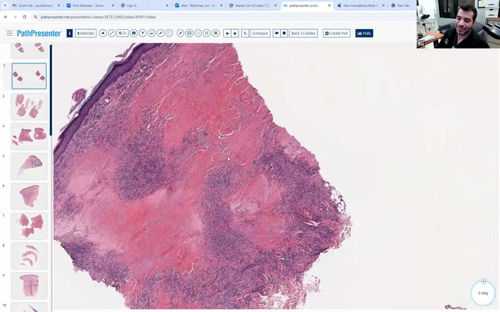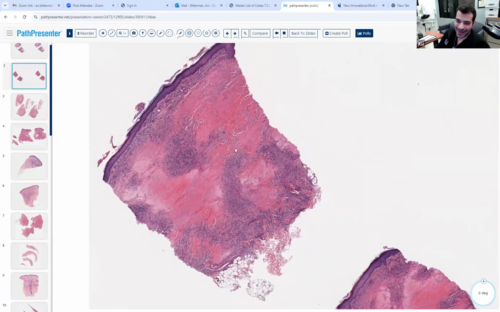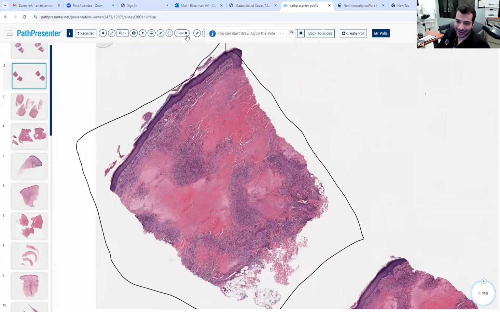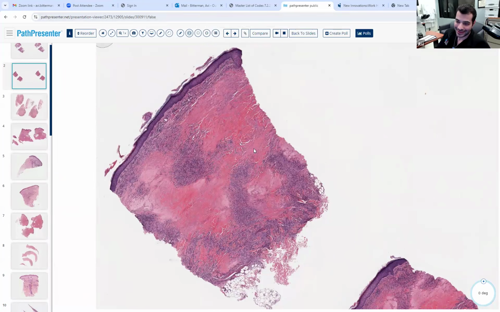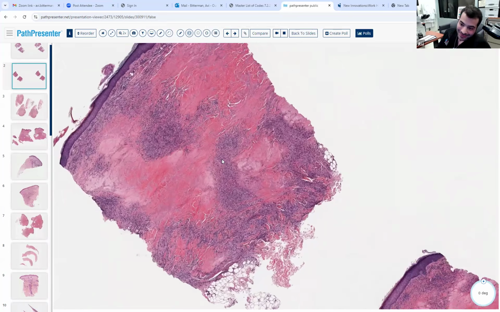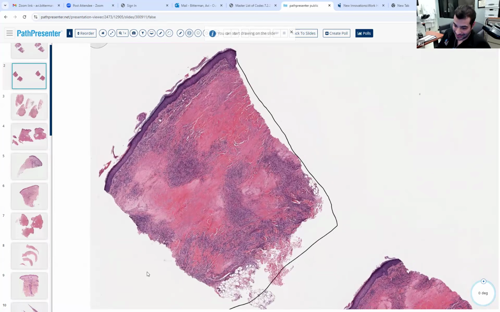Before we pull the trigger on a specific diagnosis, let's start from the beginning. This is a punch biopsy. We agree on that. This has granulomas. This is a granulomatous, palisaded granulomatous infiltrate. Agree on that. Could also say this is a square biopsy sign, by the way.